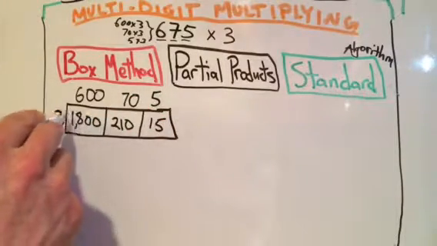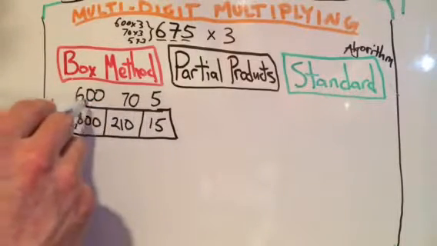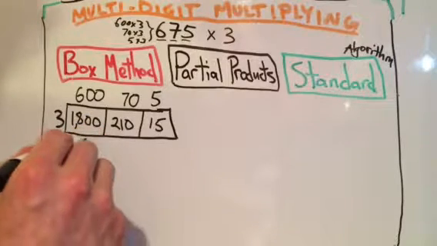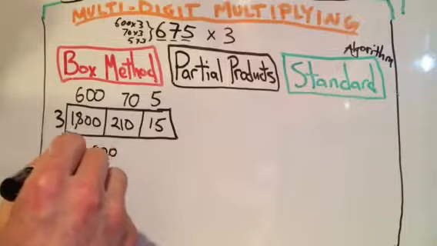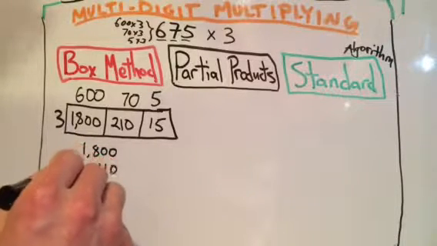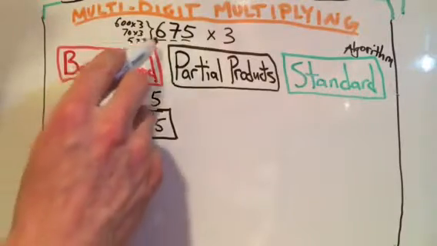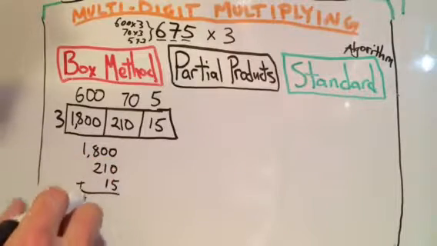In the box method, you organize the multiplication, the partial products, each of the three place values. You organize it in a box of its own, and then you add them together to figure out what 675 times 3 would be all together.